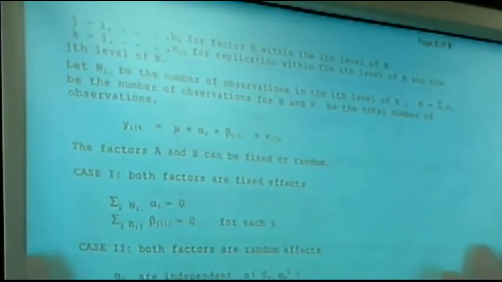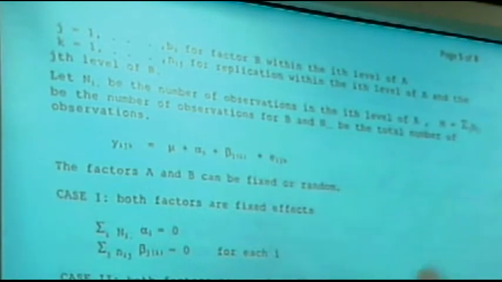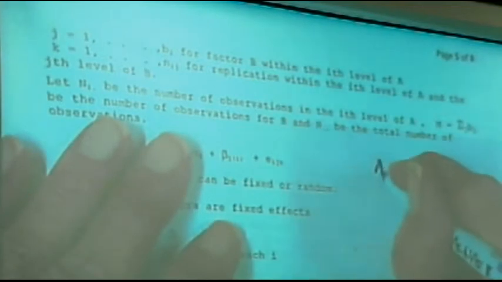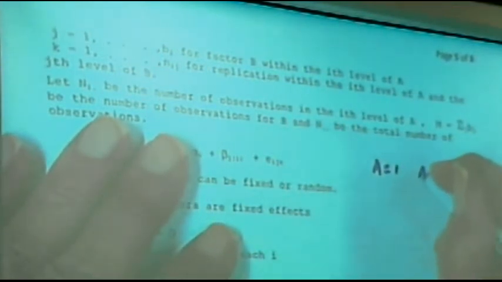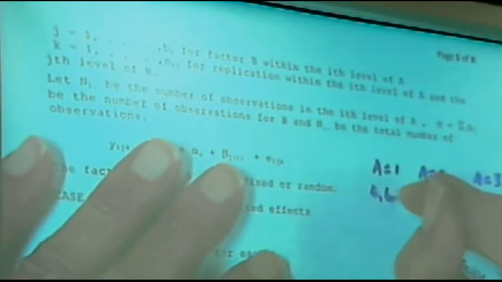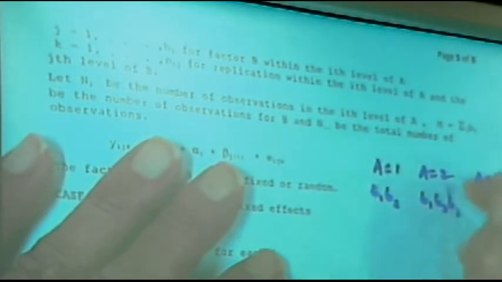let's see, this starts here. I goes 1 to little a for factor A. J goes 1 to b_i for factor B within the ith level of A. So what you have to be envisioning there is something like, you might have A equals 1, A equals 2, A equals 3, and here you have B1, B2, and you have B1, B2, B3, B4, there are 4 B's when A is 2.